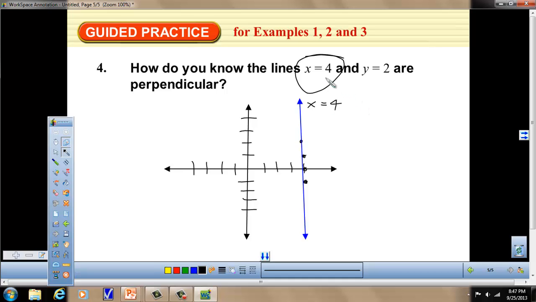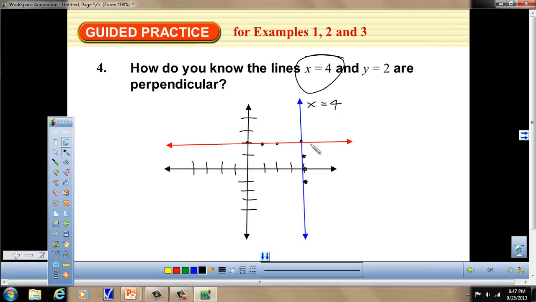You can imagine if x equals 4 gives us a vertical line, then y equals 2 gives us a horizontal line. Because (0, 2) is going to be a point, (1, 2) is going to be a point, (2, 2) is going to be a point. So if we were to graph this line, it would look something like that.